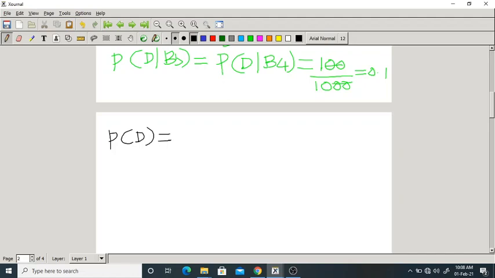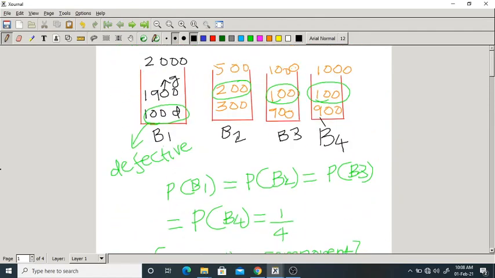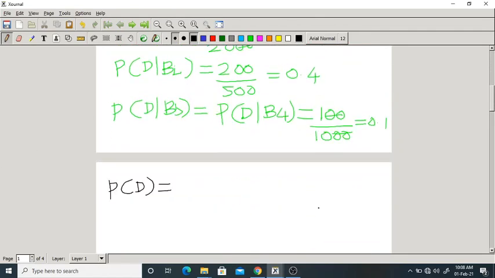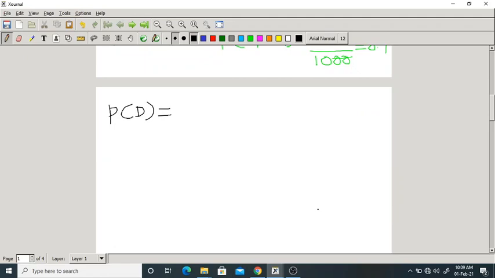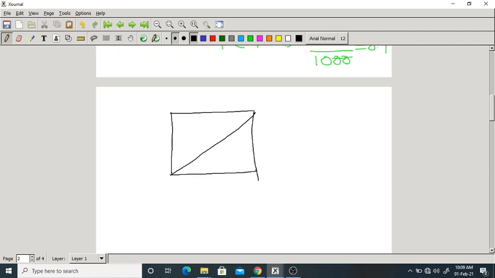Now here you can say B1, B2, B3, B4 form a partition of the sample space. Okay. So if you want to write it, it is something like this. Maybe this is B1, B2. For example, I am writing.